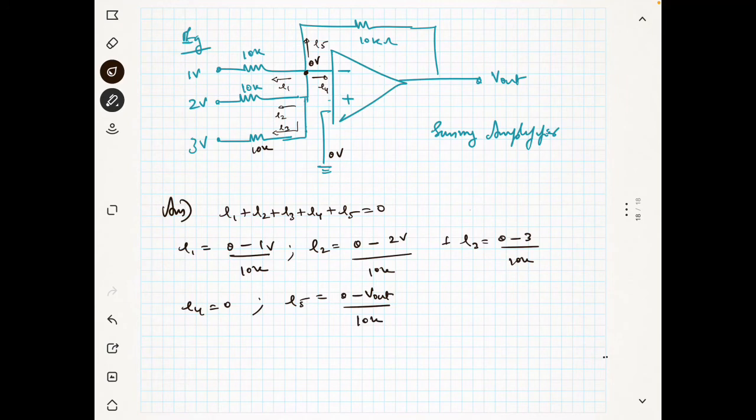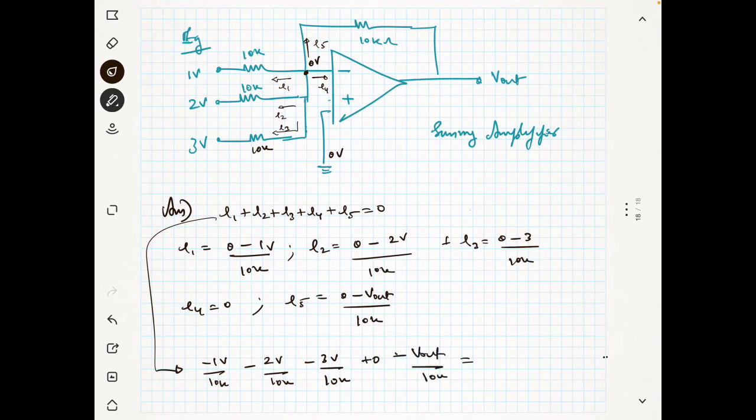So if I substitute in this equation, it becomes minus 1 divided by 10 kilo minus 2 volt divided by 10 kilo minus 3 volt divided by 10 kilo plus 0 minus V out divided by 10 kilo. This is equal to 0.